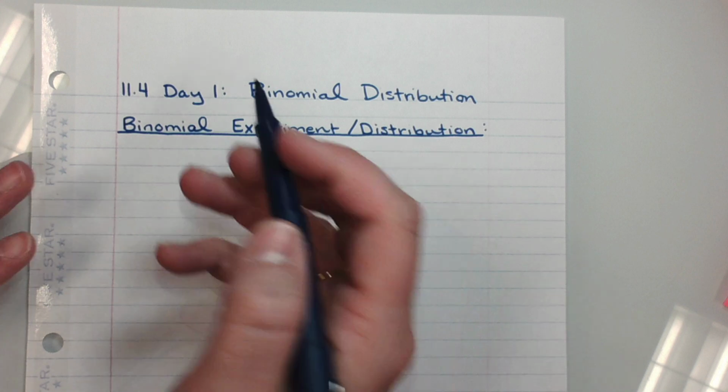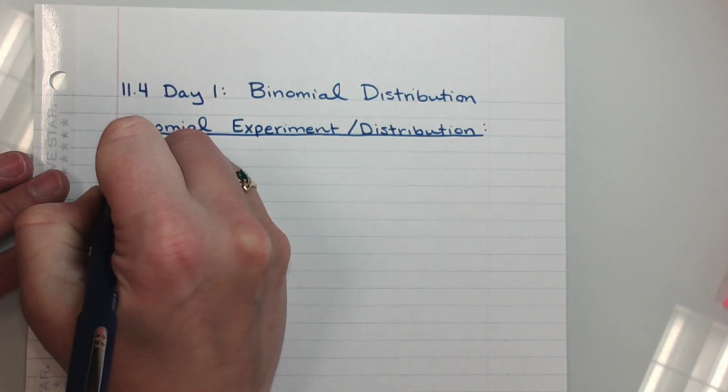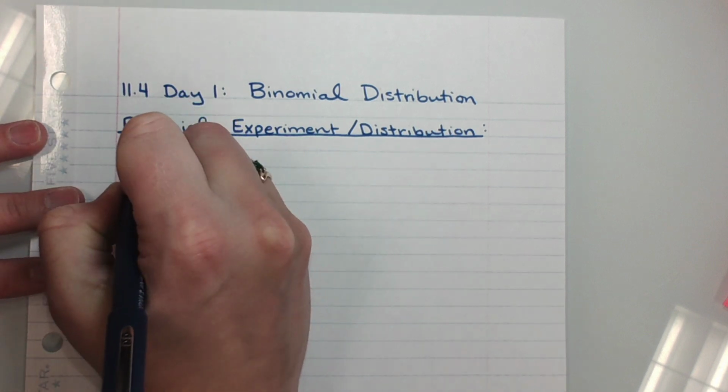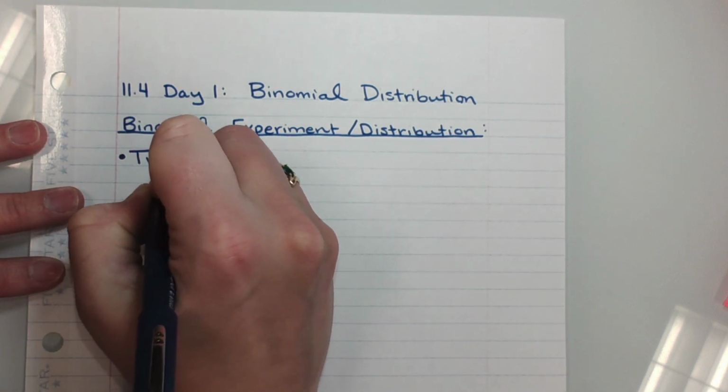To fit the idea of a binomial distribution, the first key thing is that first word, binomial. Generally speaking, bi as a prefix means what? 2. The key thing about what makes something a binomial distribution is it can be broken down into 2 outcomes.